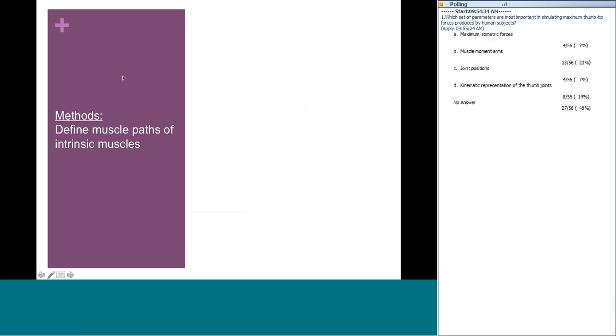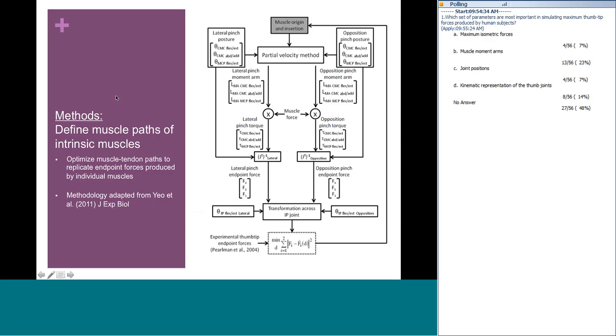All right, so despite the fact that there's a lot of evidence that biomechanical models of the thumb are not really working, and we can't really explain why, I encouraged Sarah to continue to build a biomechanical model that included the intrinsic muscles of the thumb. And so the first step of her project was to define muscle paths of the intrinsic muscles.